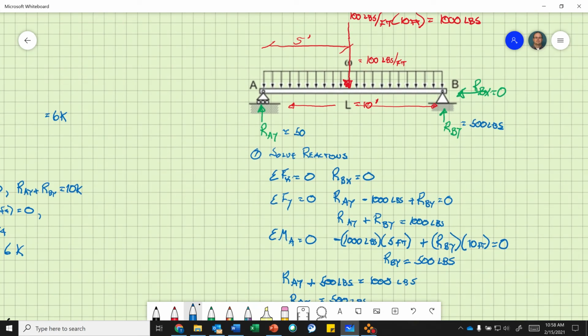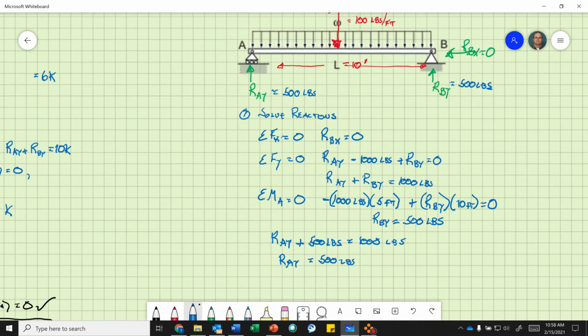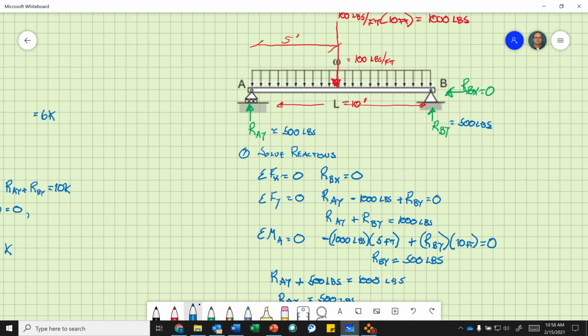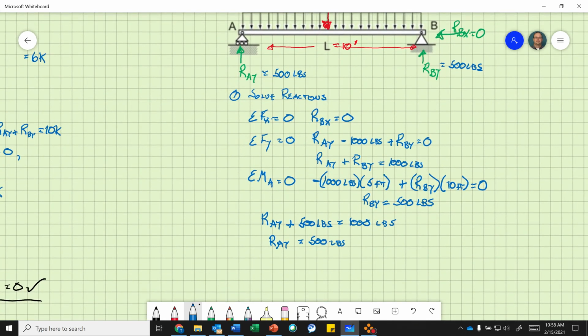When you look at this, remember me showing you the trick wL over 2, and you get the same answer. I just want to review moments. 100 pounds per foot times half of it going here, half of it going there, times 5 is 500 pounds.